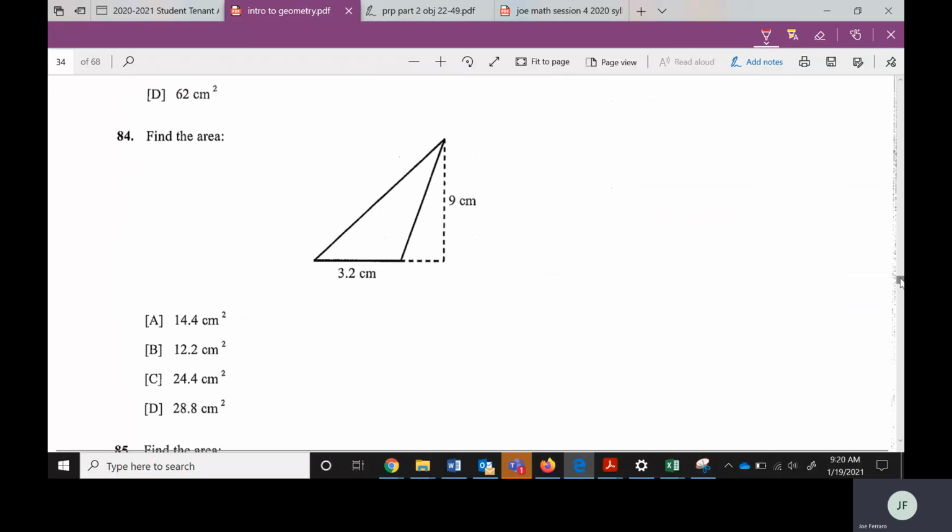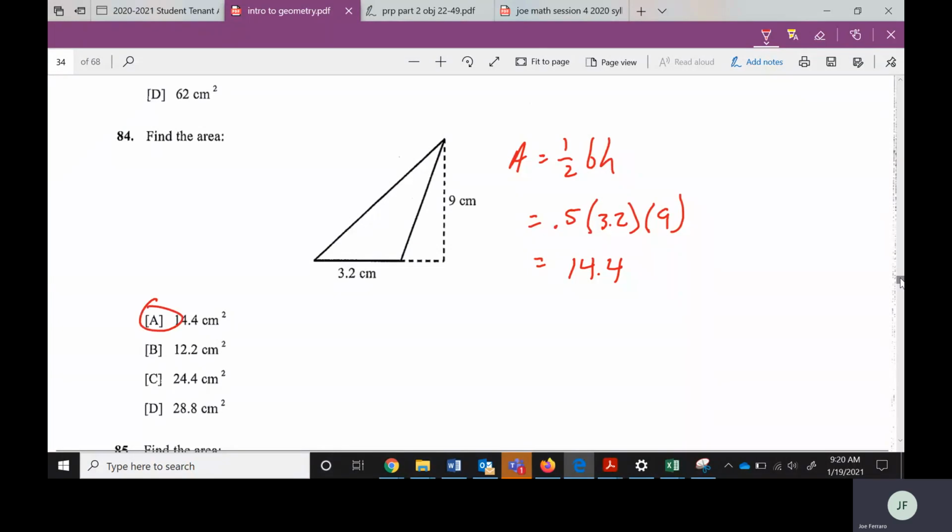So we have to use an imaginary line until we get to a right angle to that opposite point. But otherwise, it's going to be the same thing. We just use this. I'm going to change that to 0.5. Base is 3.2. Height is 9. Take my calculator, multiply all those, you get 14.4.